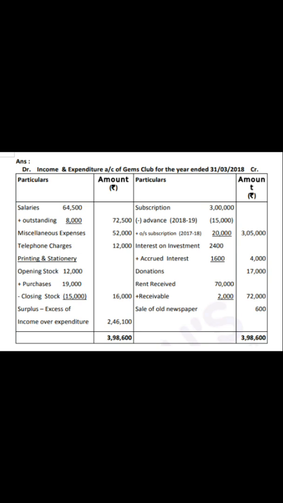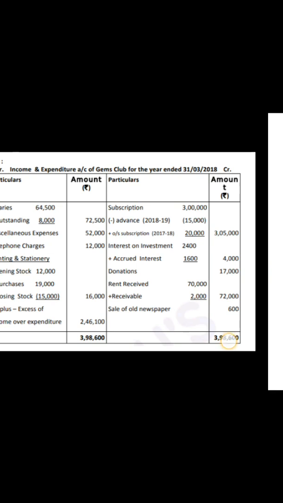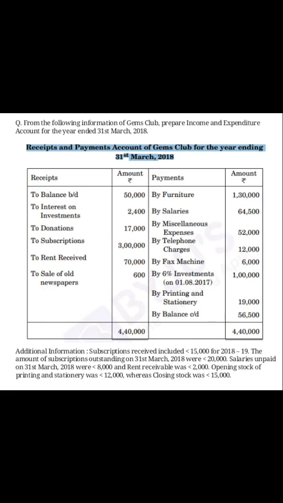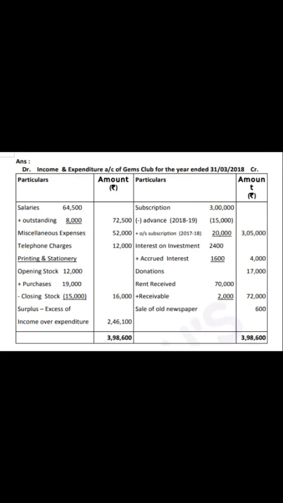First we would like to write the subscription that is given in the receipt and payment account on the receipt side under the name of subscription, that is 3 lakhs. And after writing that, we have to deal with the advance which is given in additional information, that is 15,000.